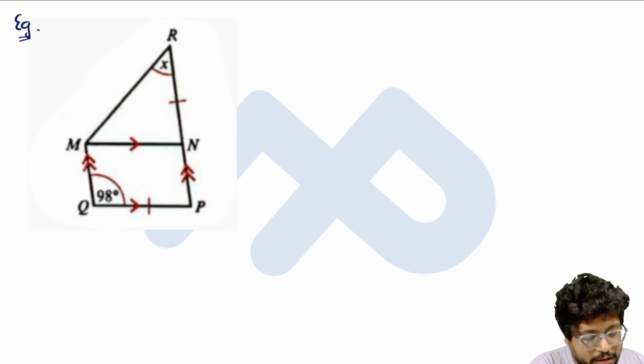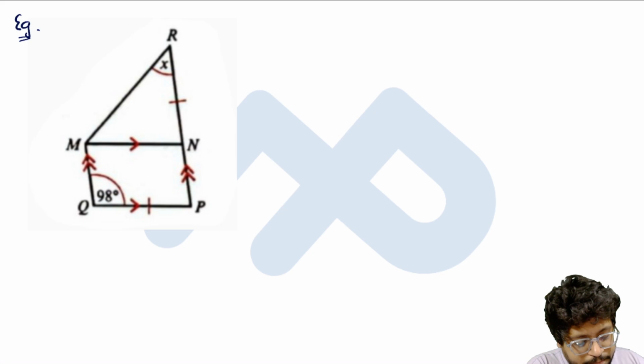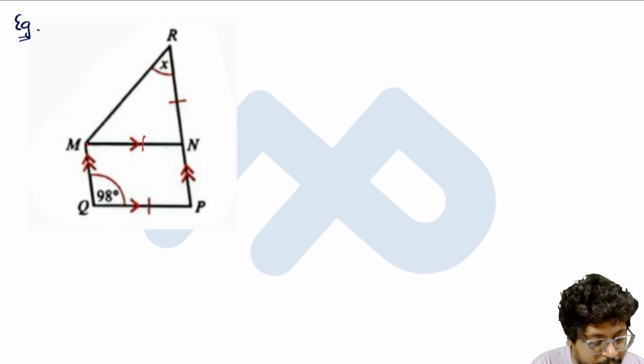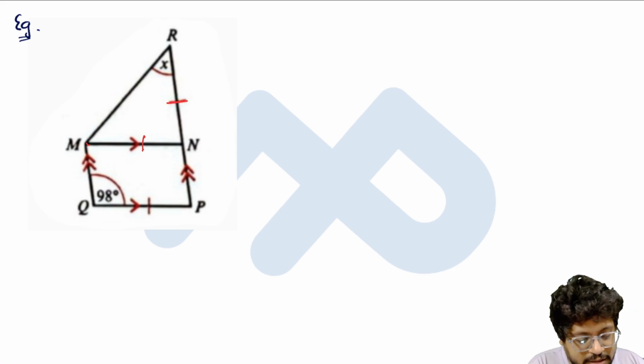Here, MNPQ is a parallelogram, because you see both the sides are parallel and equal. So obviously I can say that MN will be equal to QP. Now it is given that QP is equal to RN, but obviously it will be equal to MN also. Why? Because it's a parallelogram.